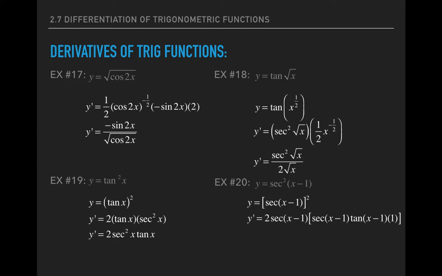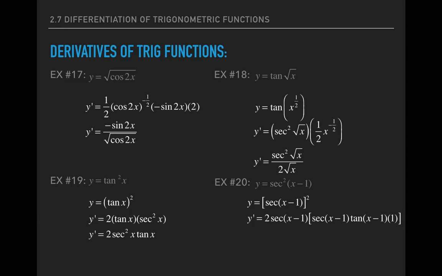Now, you have to take the derivative of that inside, secant of x minus 1. Well, the derivative of that would be secant times tangent. All right, and both of those would have an input of x minus 1, and the derivative of that input is just 1.